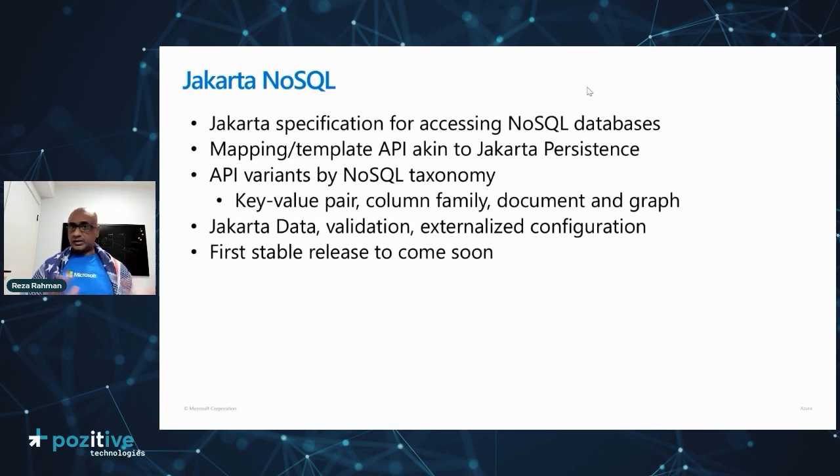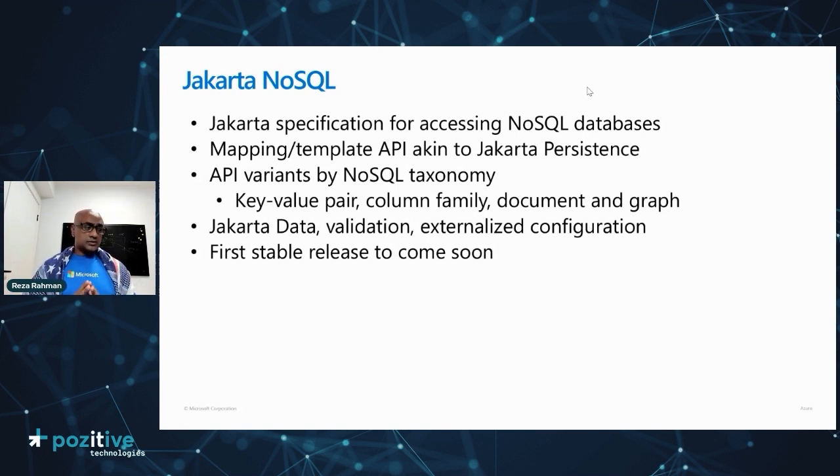So it's a templating API, if you will, that allows you to do simple things like CRUD operations plus some queries. Now, the interesting part you should ask yourself is like, how do you go about creating one API that rules all when you have such a large diversity of NoSQL databases out there? And Jakarta NoSQL really does this in a relatively clever way.